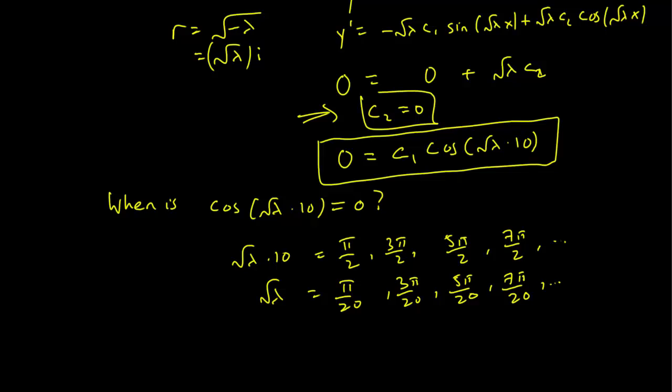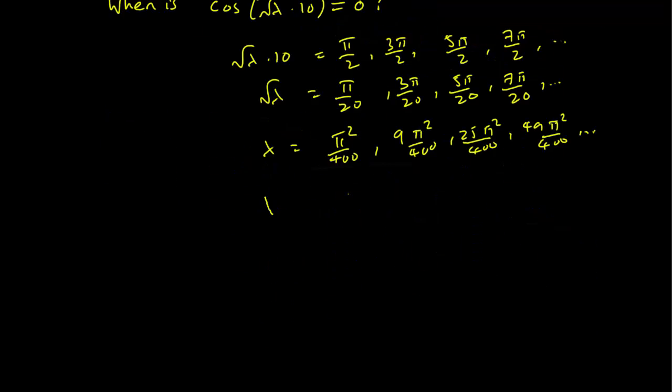and so on. And lambda itself must be equal to pi squared over 400, 9 pi squared over 400, 25 pi squared over 400, 49 pi squared over 400, and so on. In general, we can pick lambda equals (2n minus 1) squared pi squared over 400.